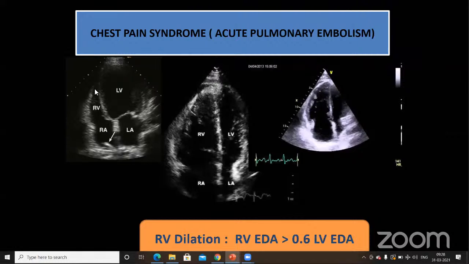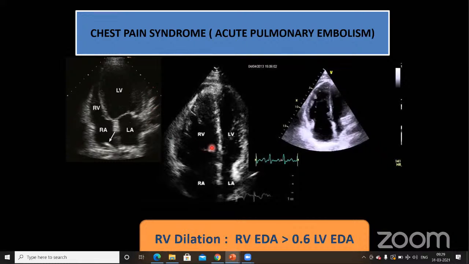Can you see this image on your screen? You see the one on the left. This is how your normal LA, LV, RA, RV is going to look. When you have a problem with the RA, RV, they are going to get dilated. Normally the RA, RV should be less than 2/3 of the LA and the LV.